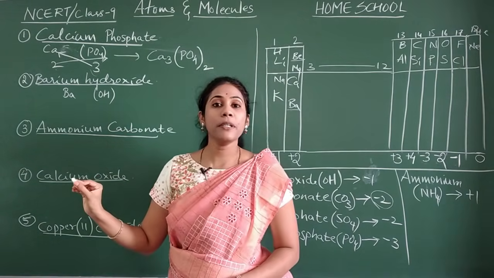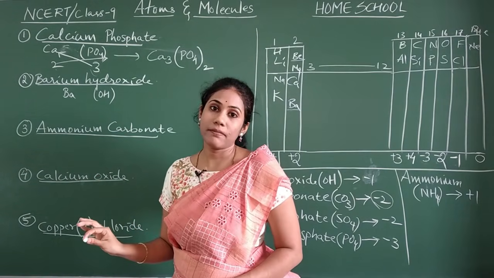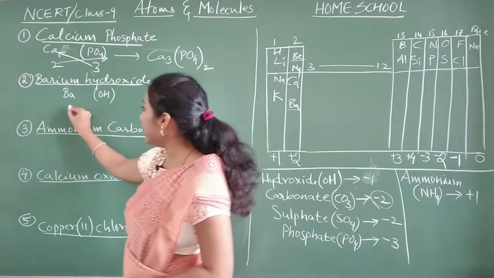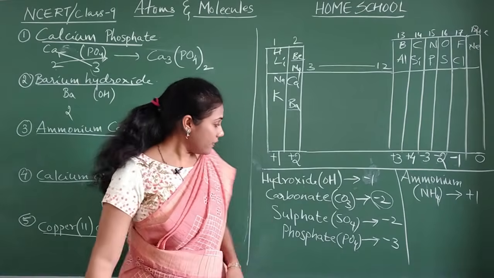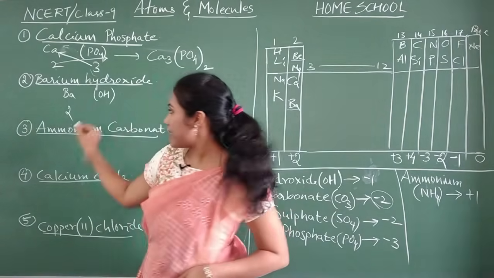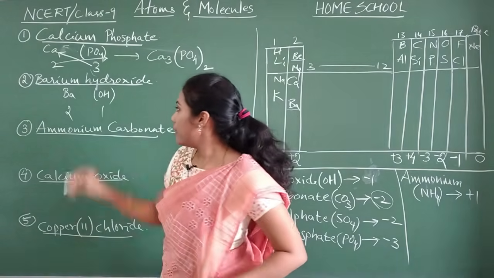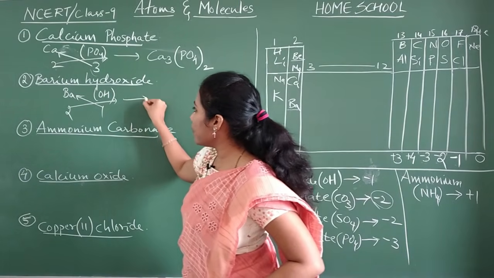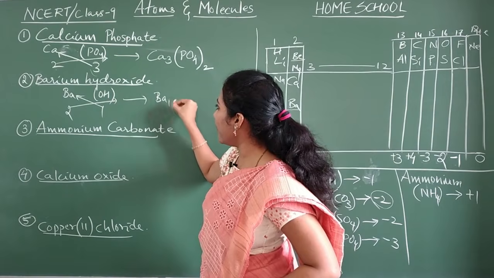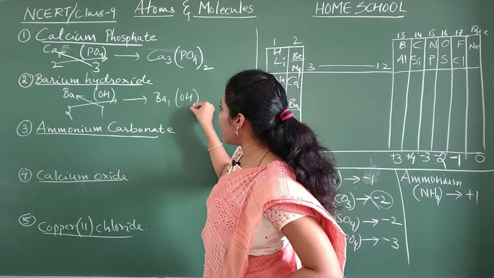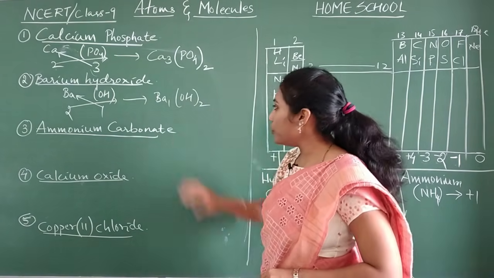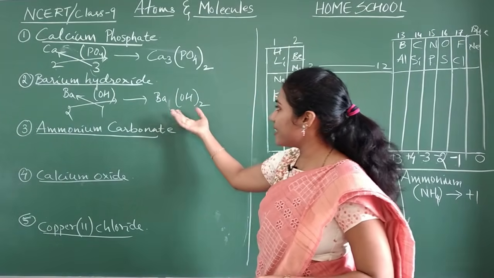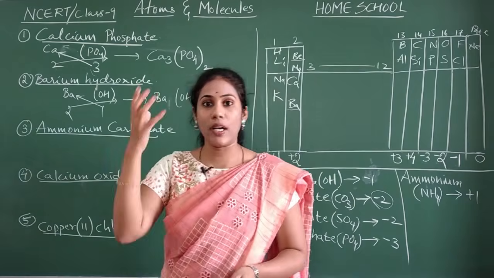All polyatomic groups, mention in brackets, so that you will not get confused. Barium valency 2, hydroxide valency -1, just 1, no need of a sign. So this 2 goes here, this 1 goes here. So what is the formula, guys? Ba(OH)2. I told you whenever there is 1, you don't need to mention it, because if nothing is there, it is understood that there is 1.